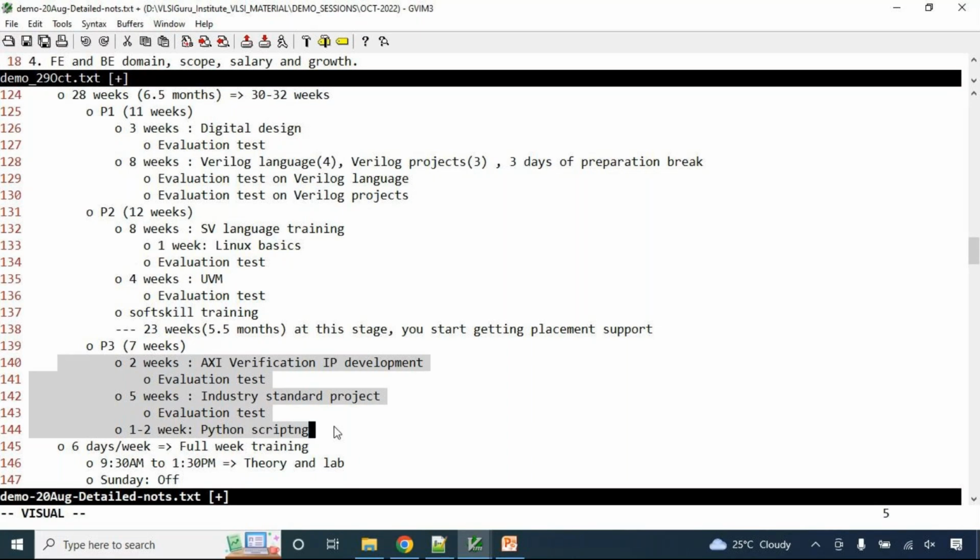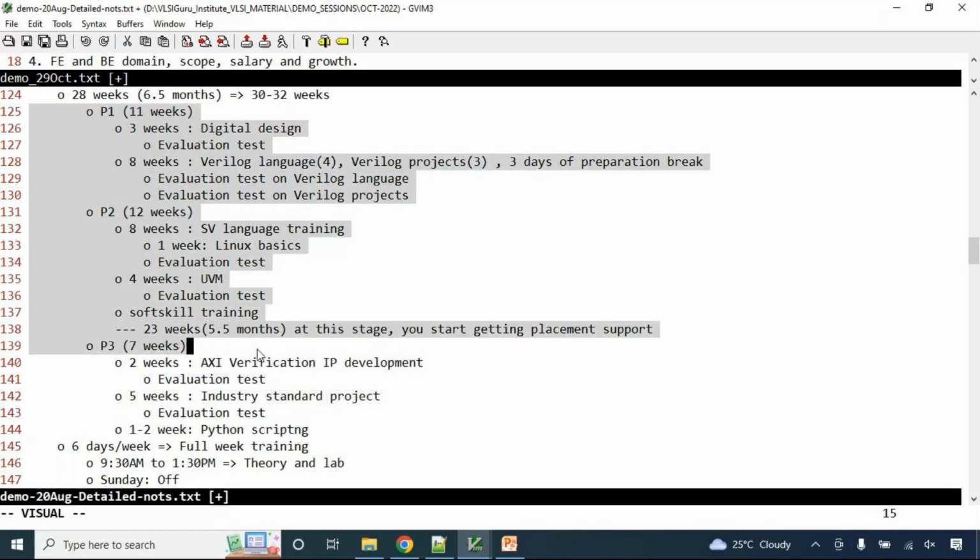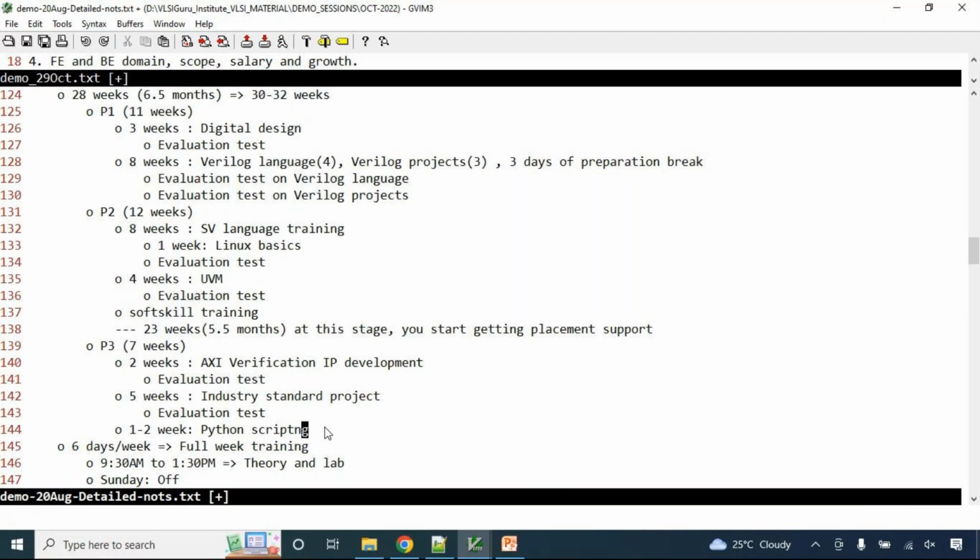So that ensures that we do everything in quite a relaxed manner. Our idea is not to finish things in 5 months. The problem is, in 5 months we cannot do things in depth. Sometimes this 8 weeks got extended to 10 weeks also.